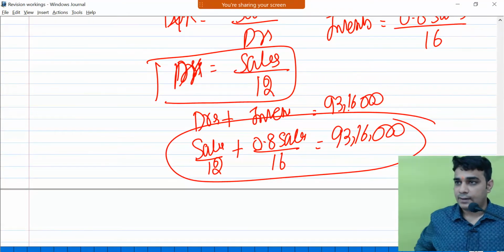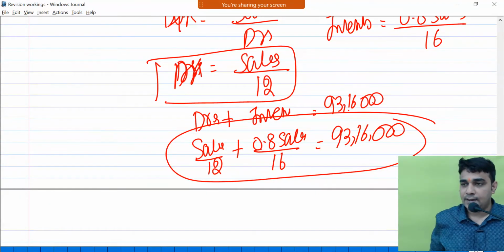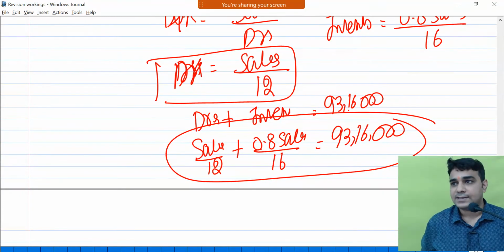Sales by 12 plus 0.8 sales by 16 is equal to 93 lakh 16,000.